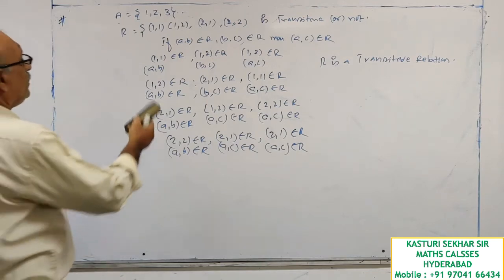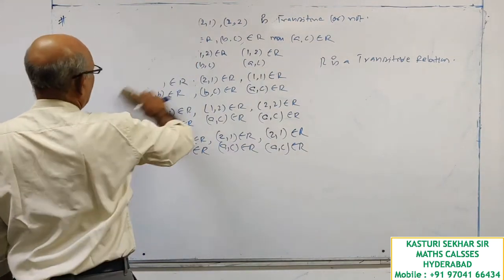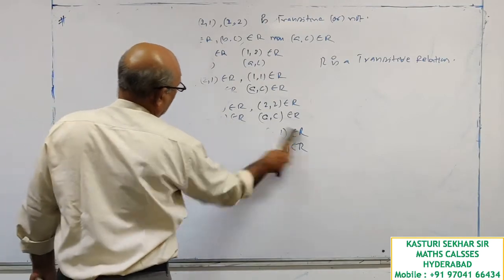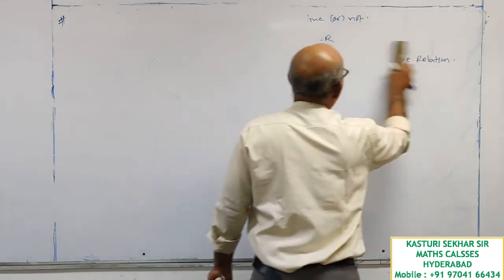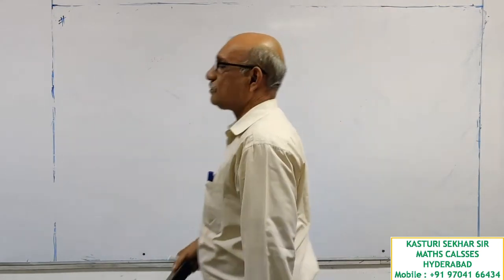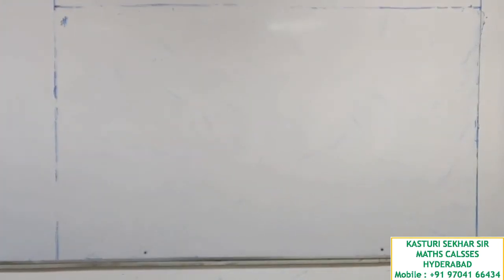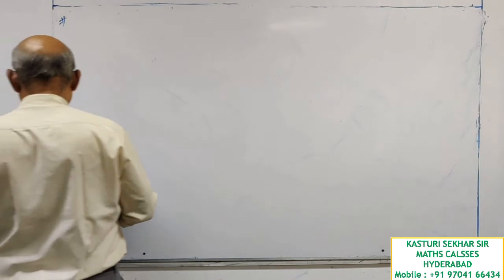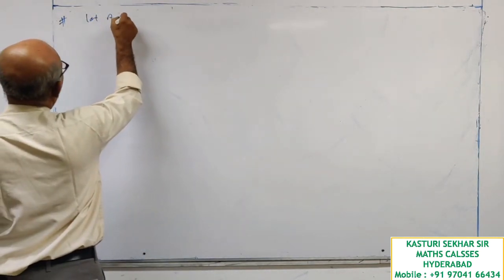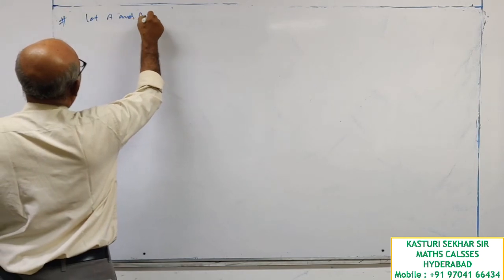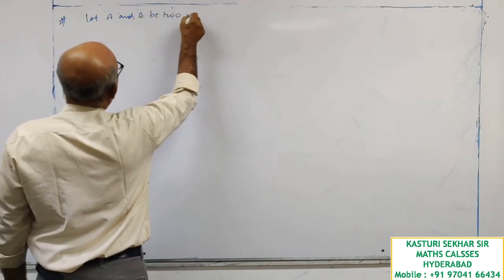Now let us define function in another way, then we can verify whether the given relation is a function or not. Let A and B be two non-empty sets.